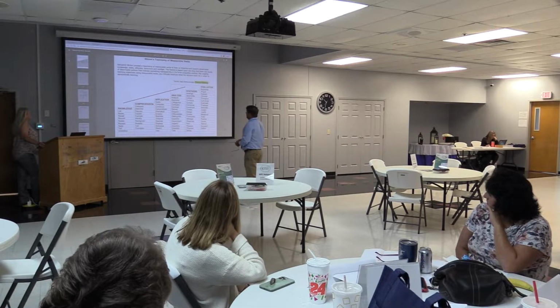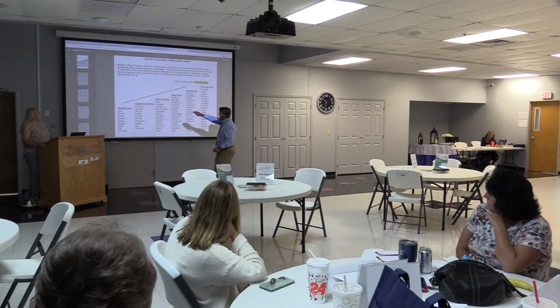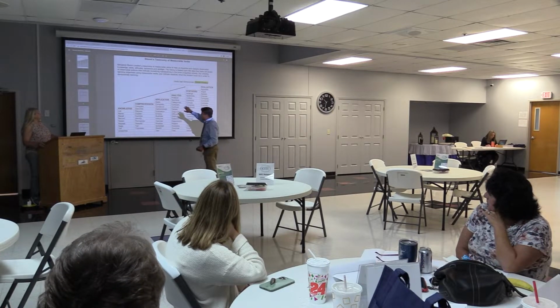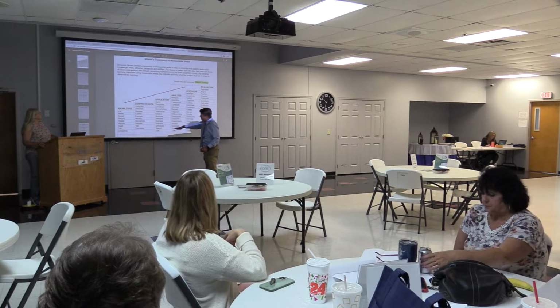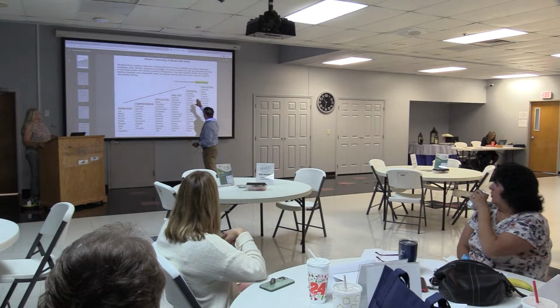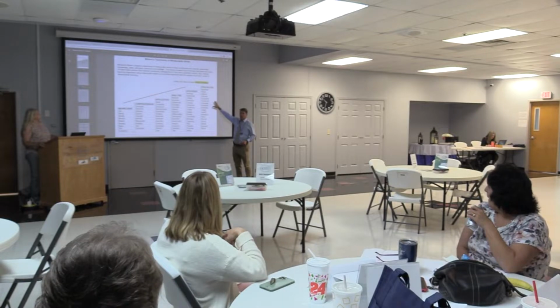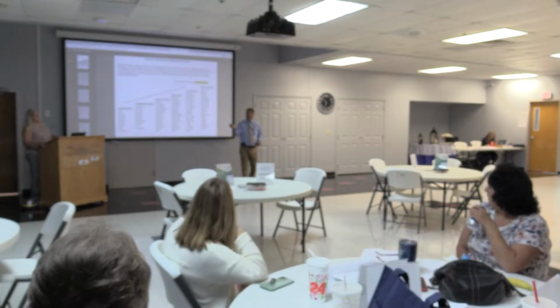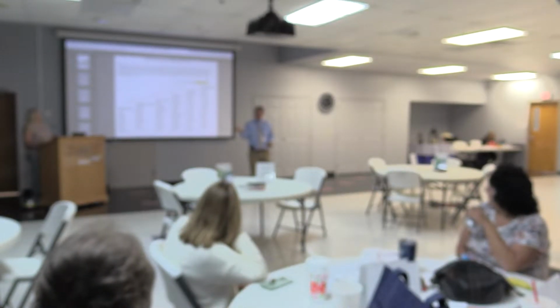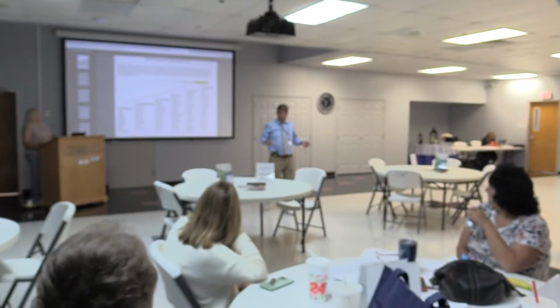The idea with Bloom's taxonomy is that as you move toward this end of the taxonomy, the rigor of the expectation, or what the student's action is going to be, is much greater.